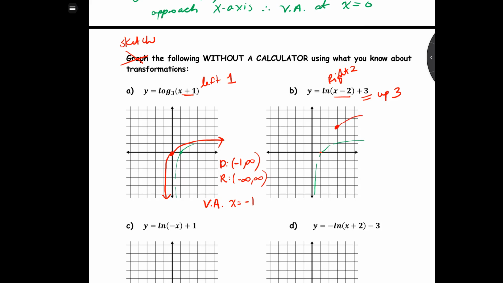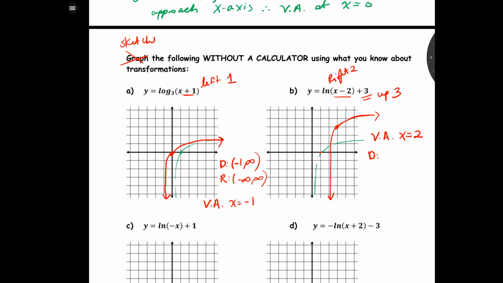So now it's here, and it continues the shape. But where are all of the values approaching now? They're approaching 2, because we moved right 2 units. It doesn't matter how far up or down you go. Now what is the new vertical asymptote? Careful, a lot of you are saying 2. Good, x equals 2. We want to make sure we know if it's y equals or x equals.